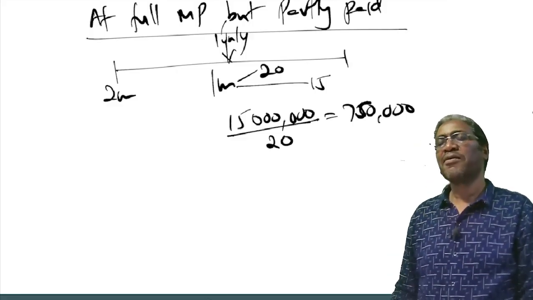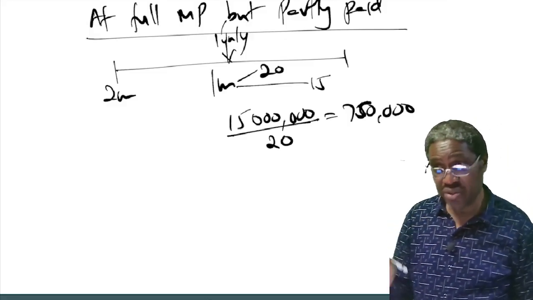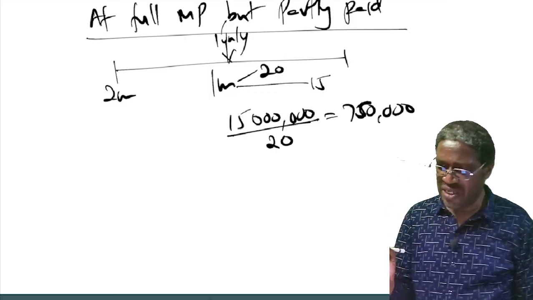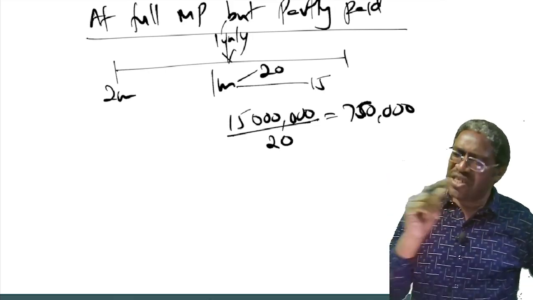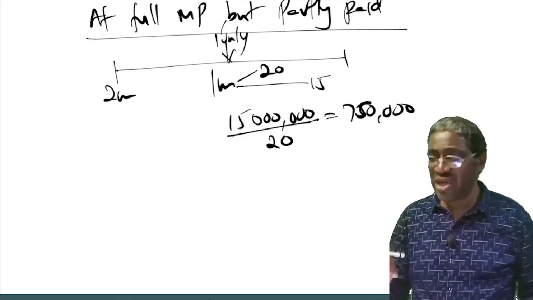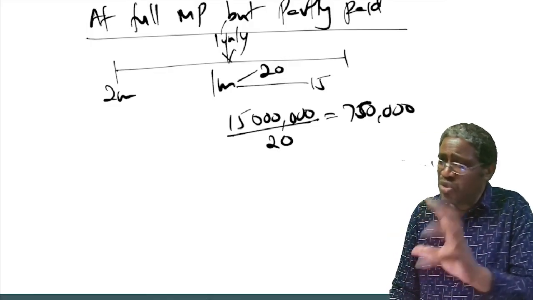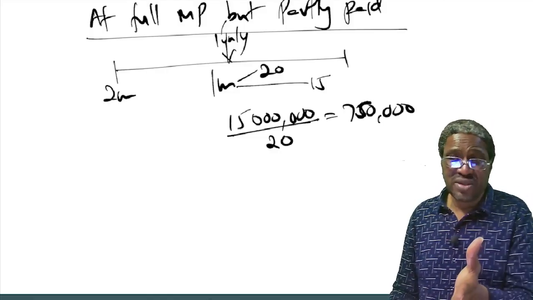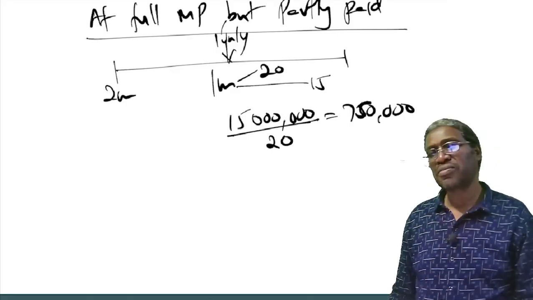Listen carefully. Another way to argue is this. We normally say, whenever a company pays dividend, we only pay dividend to fully paid shares. We normally don't pay dividend to partly paid shares.